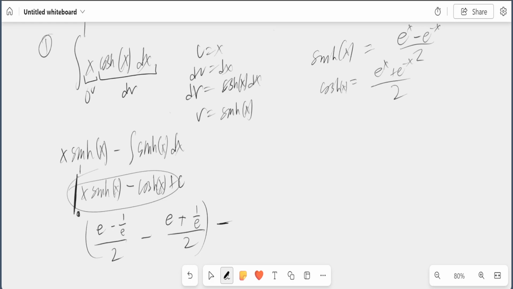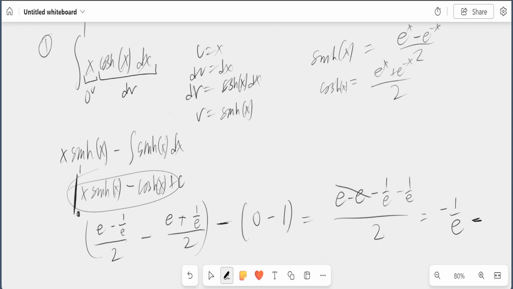Subtract that with 0: sinh 0 is 0, minus cosh 0, which is 1 plus 1 over 2, which is 1. Then this here is e minus 1 over e minus 1 over e over 2. Those cancel. That's negative 2 over e over 2, so negative 2 over 2e, which is equal to negative 1 over e.